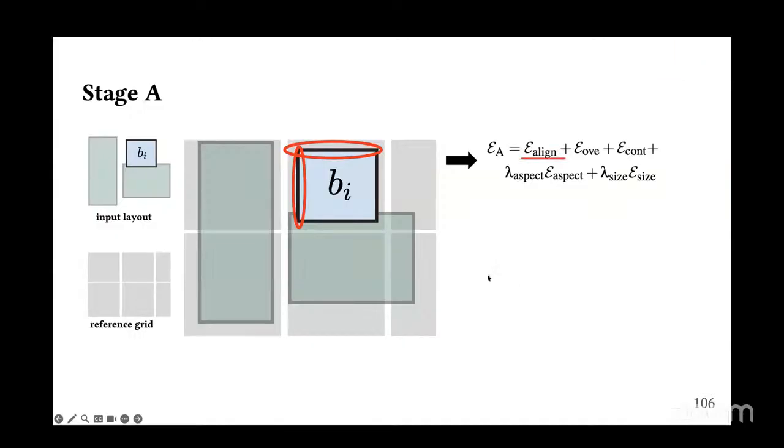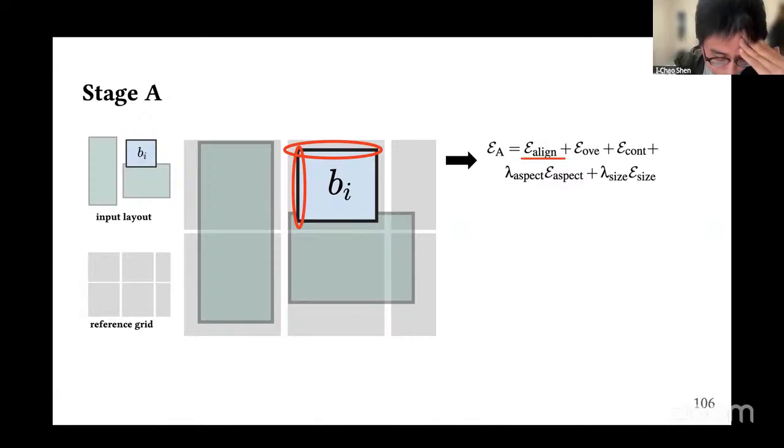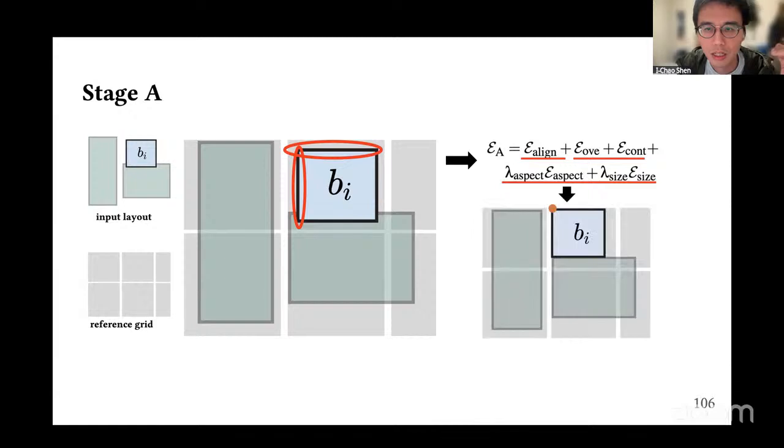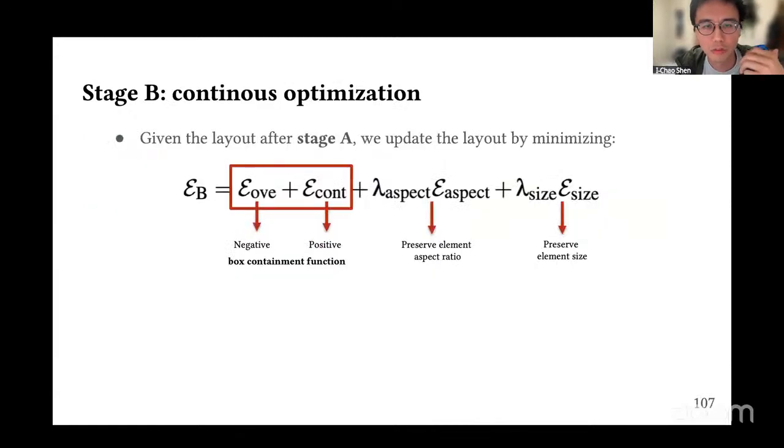So basically, we have this two-stage optimization. In the first stage, we're trying to use the grid system to improve the alignment. And then in the second stage, we're trying to avoid overlapping or improve some desired containment.